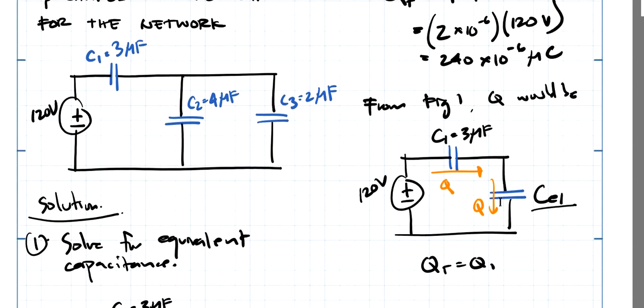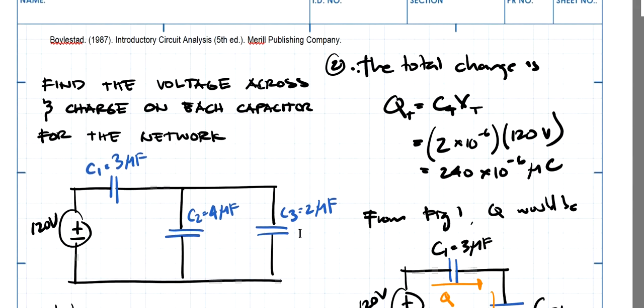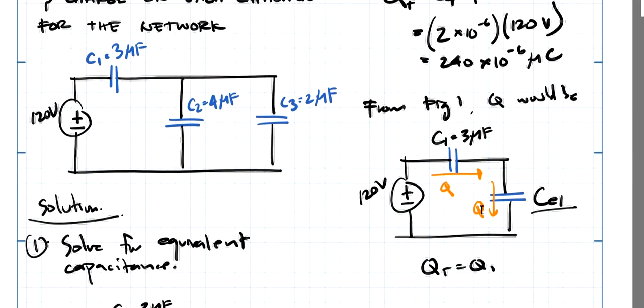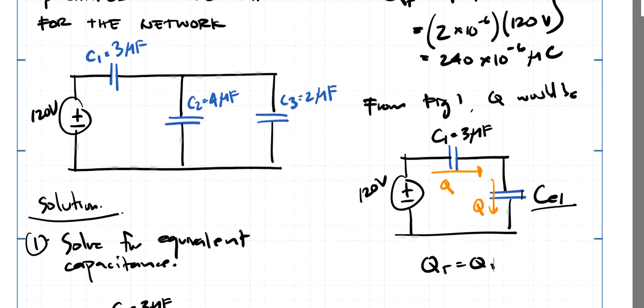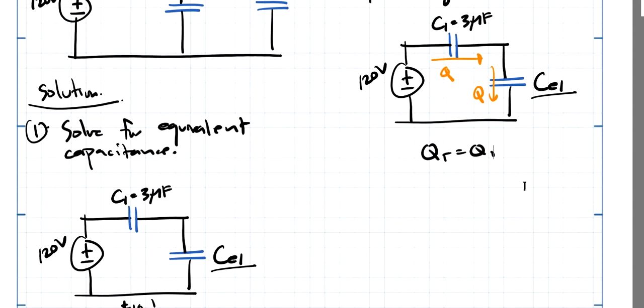For CE1, in order to solve for the charge in C2 and C3, we must first solve for the voltage drop. Okay, so let's do that.